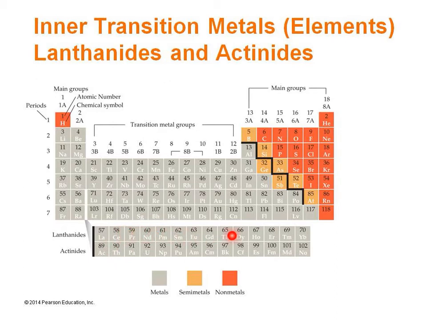Remember, notice I said groups and not periods. Technically, each one of these 2 elements is its own group, and these groups are actually located in period 6 and period 7. These lanthanides and actinides are given the collective name of the inner transition metals. And we won't spend too much time with those during the course of the semester. Matter of fact, most of the time we spend with these inner transition metals will be at the end of this chapter when we talk a little bit about nuclear reactions.